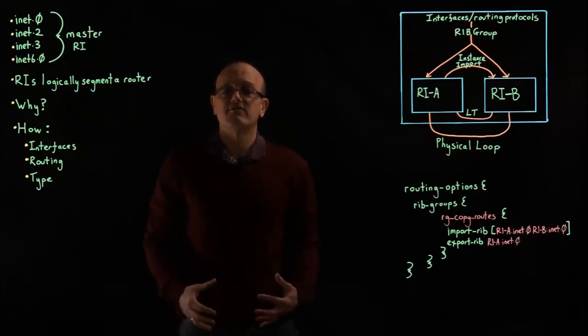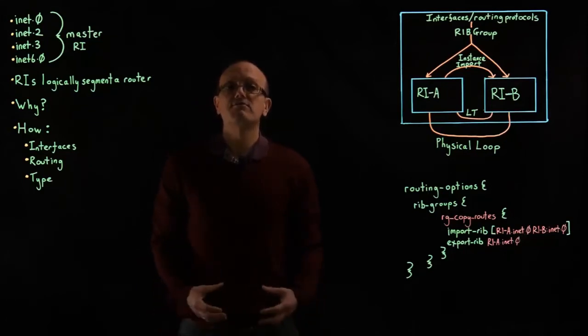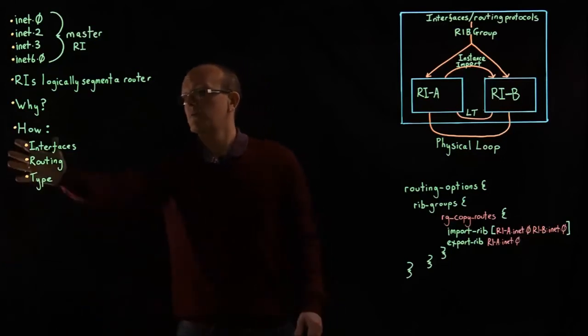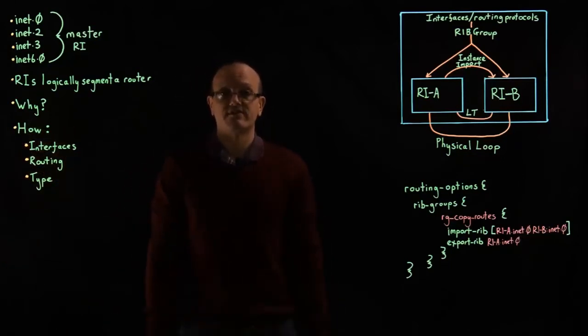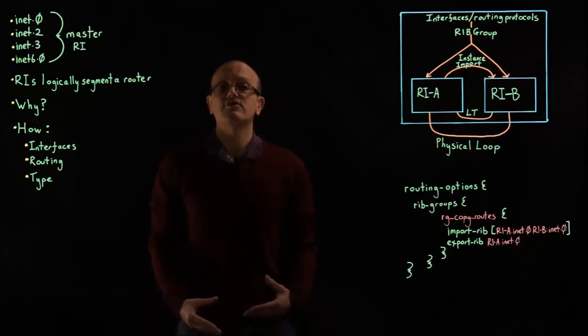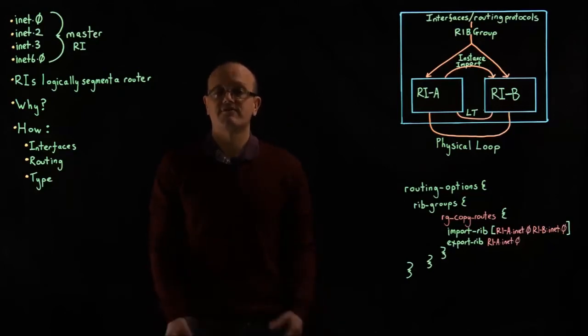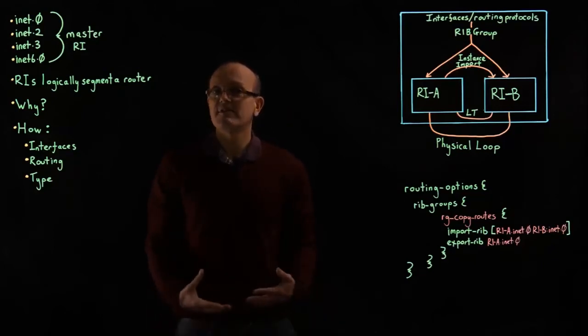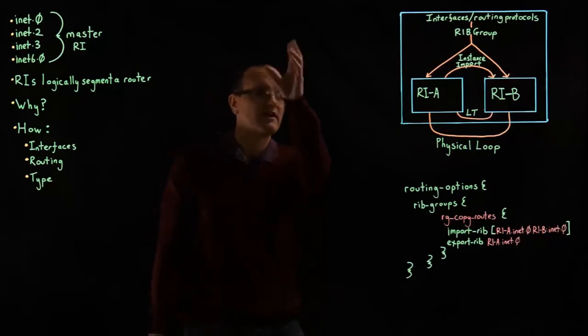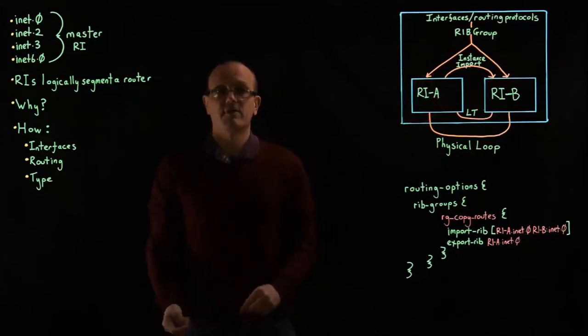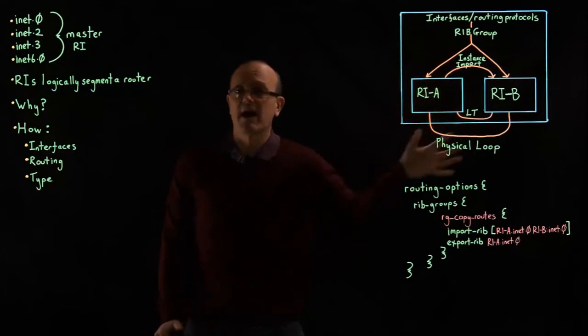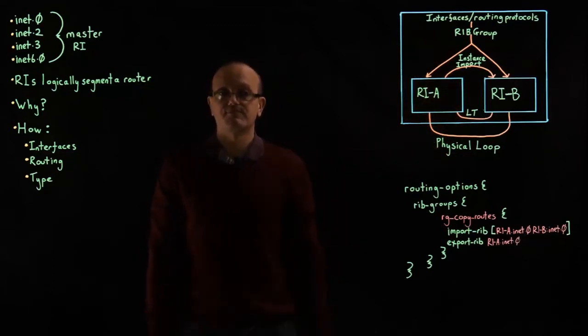How do we configure routing instances? Well, there are three main things we need to do when we're configuring routing instances. We need to associate them with logical interfaces. So these are going to be the interfaces where we send traffic into a routing instance and receive traffic coming out of a routing instance.